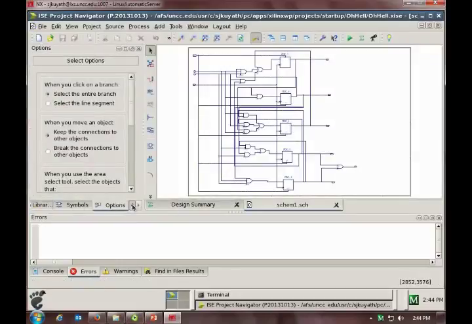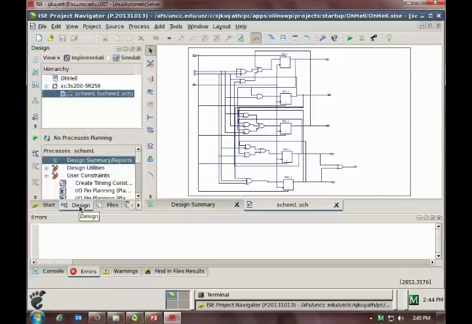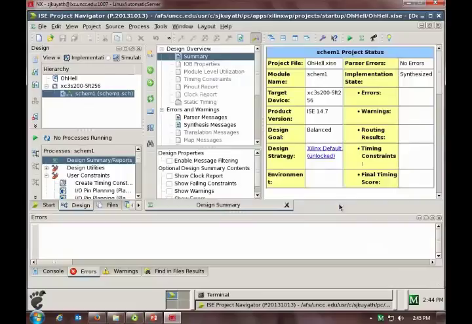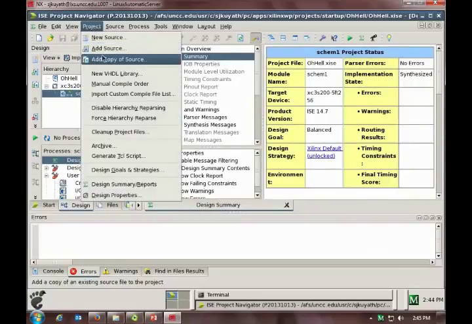Okay, it's doing that. Sorry, I am going to find it. It's in here.